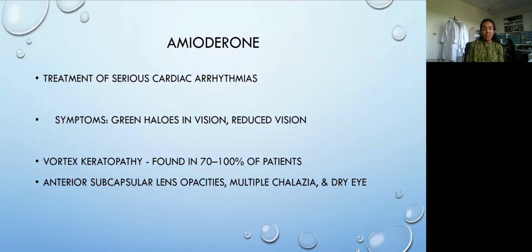So the next medication class we're going to get into is amiodarone. Remember that this is used to treat serious cardiac arrhythmias. What patients notice with this medication are green halos in vision and also reduced vision. Vortex keratopathy, which is these corneal deposits that we see in a whorl-like pattern, can be seen on the cornea.